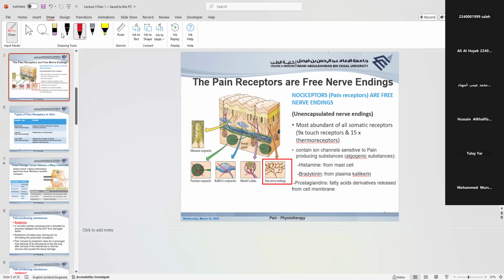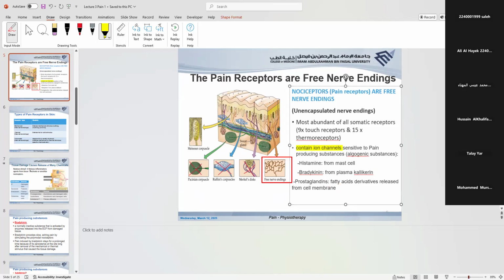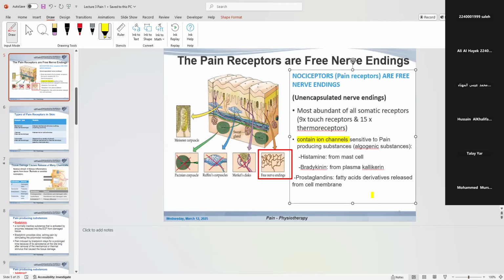All right. What do these receptors have? They contain certain ion channels. As you know, an electrical signal will always be through a movement of ions. So if you have some positive ions moving in, whether these are sodium ions or hydrogen ions or some other ions, you will have creation of an electrical signal.